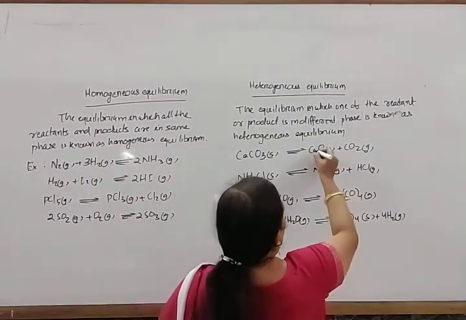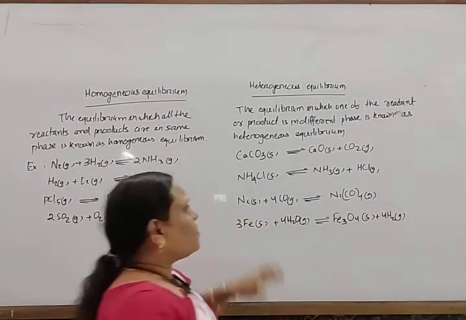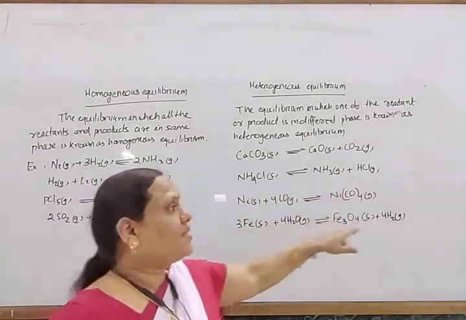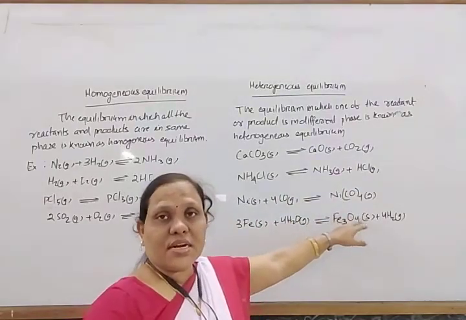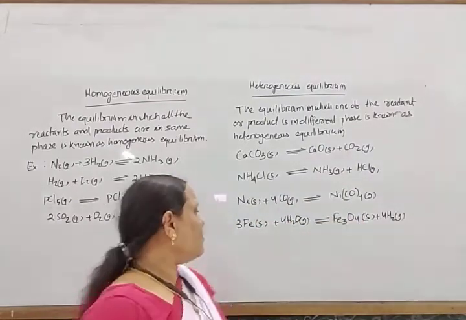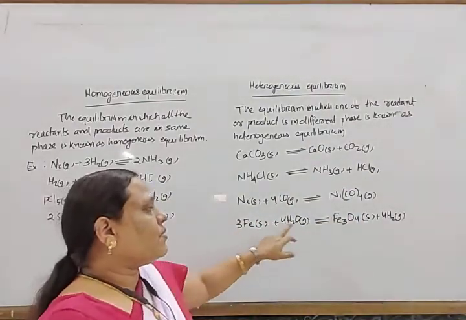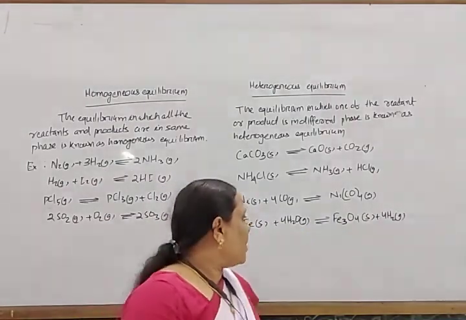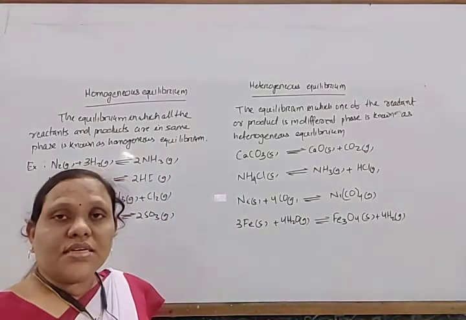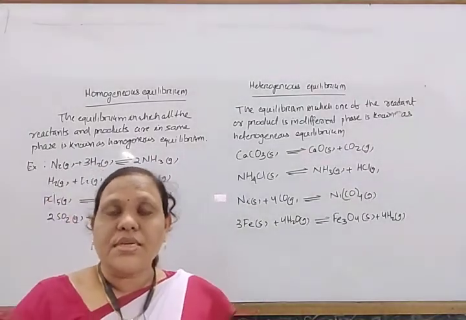This is one example. And similarly, ammonium chloride solid gives ammonia gas and HCl gas. Ni solid plus 4CO gives Ni(CO)4, nickel tetracarbonyl, which is in gaseous form. And iron solid plus 4H2O gas gives Fe3O4 solid and 4H2 gas. So these are some examples of heterogeneous equilibrium.